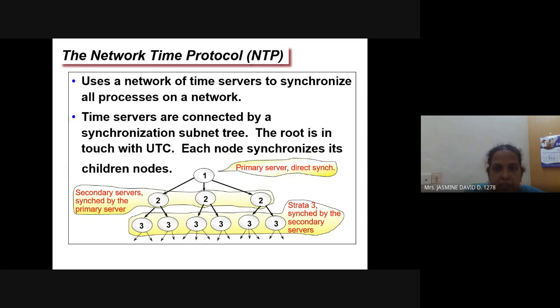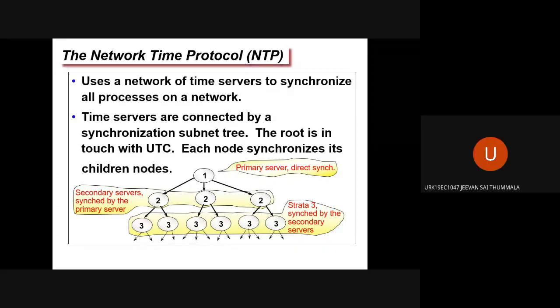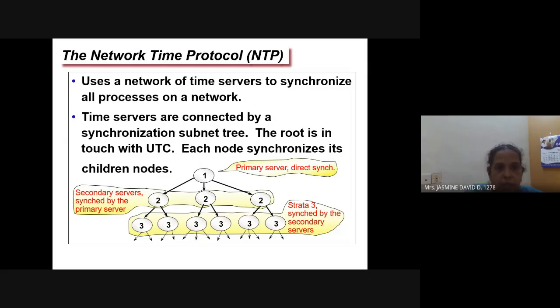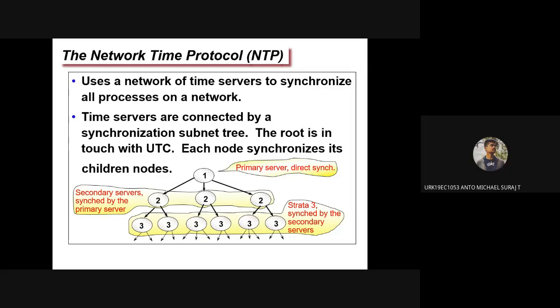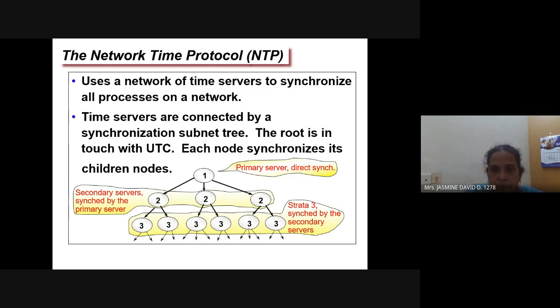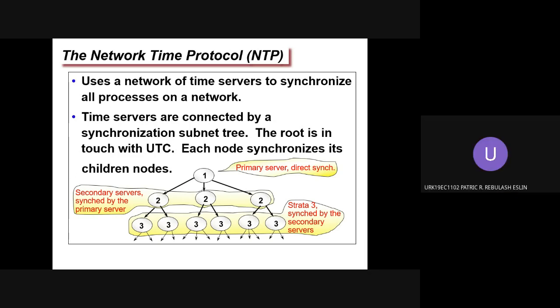Abhishek? Present, ma'am. Jeevan? Present, ma'am. Andrew Michael? Present, ma'am. Sherwin? Present, ma'am. Amarnath? Ma'am, chat box.